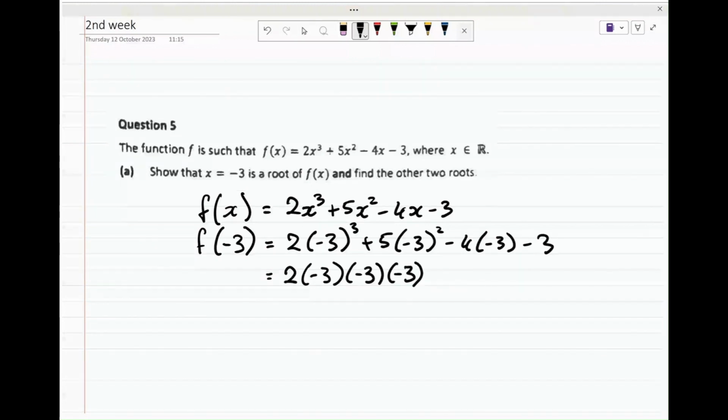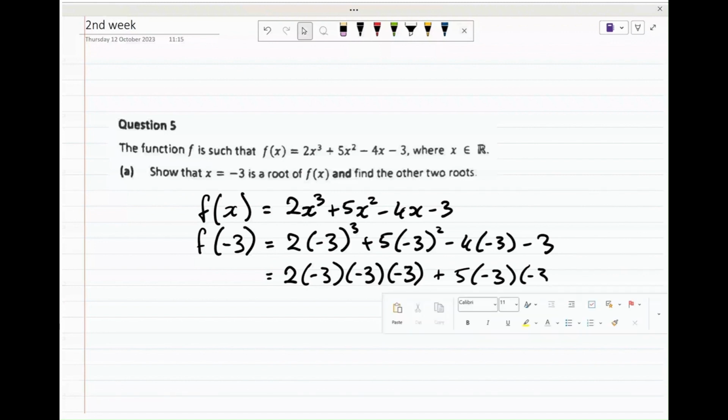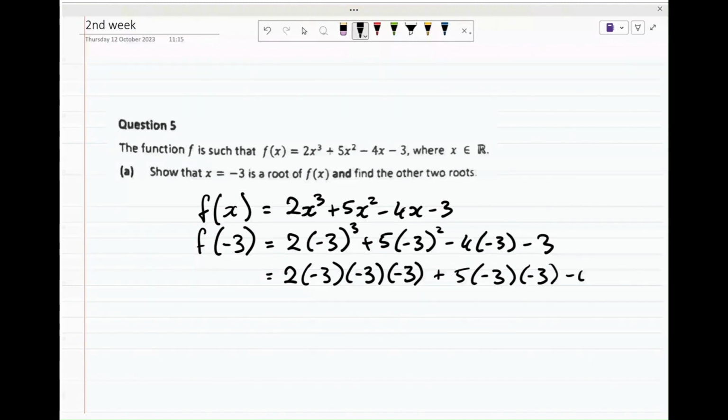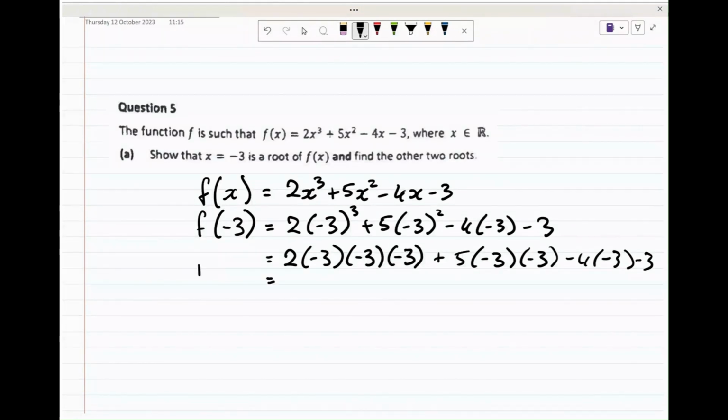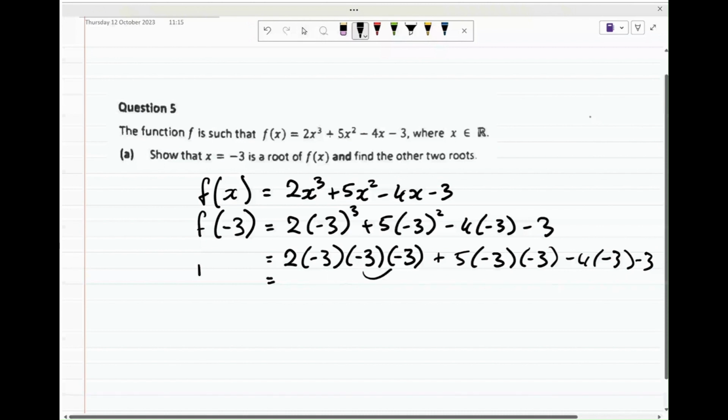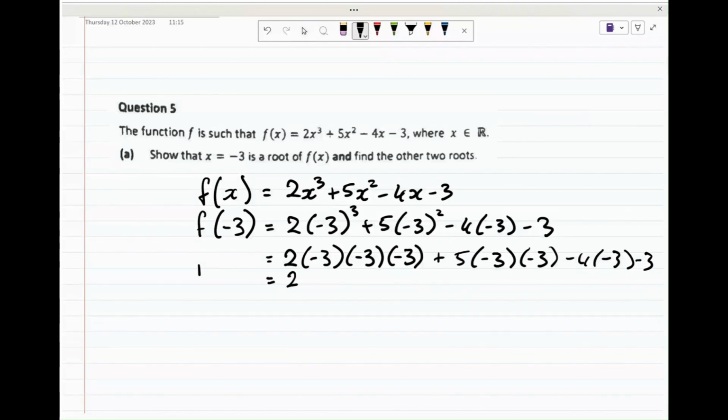Anything cubed is just itself multiplied 3 times. Anything squared is itself multiplied twice. And this is all the same, minus 3. So minus 3 times minus 3 is positive 9. Positive 9 times minus 3 is minus 27. So 2 times minus 27 plus 5 times minus 3 times minus 3, which is positive 9.